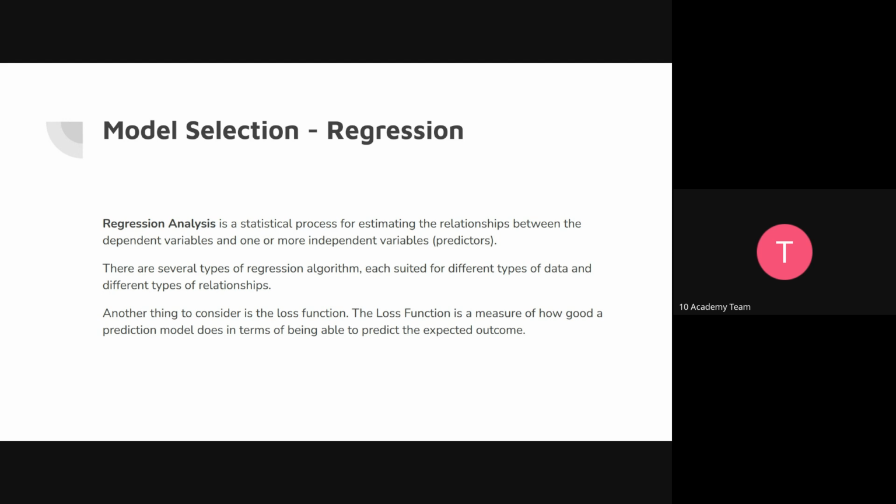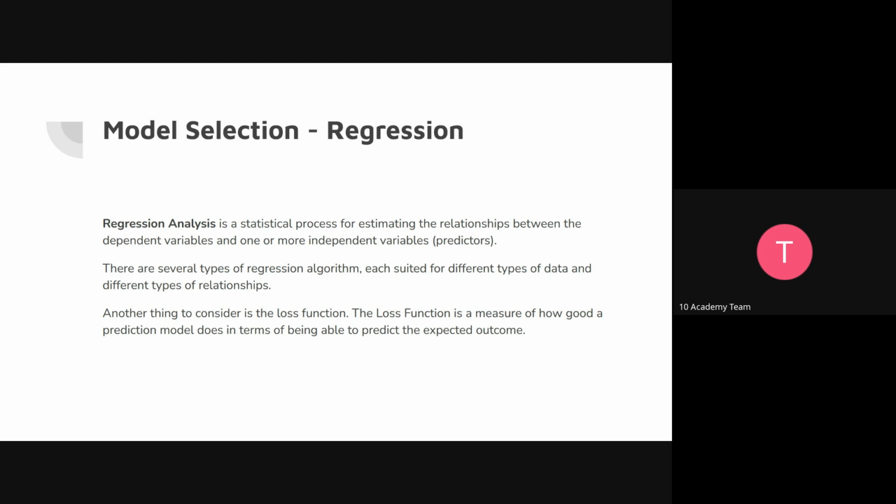For regression in particular, we calculate how far the true value of your target variable is from the predicted value. You get a predicted value from the model, and the loss function calculates in different ways the difference between this predicted value and the actual true value.